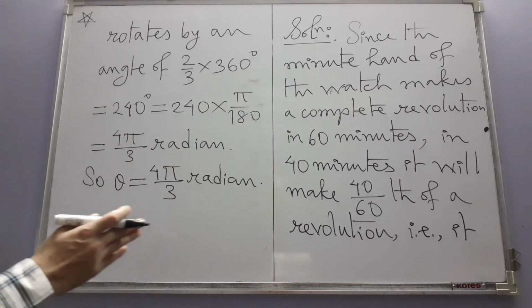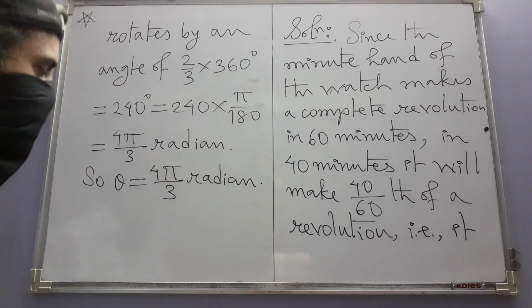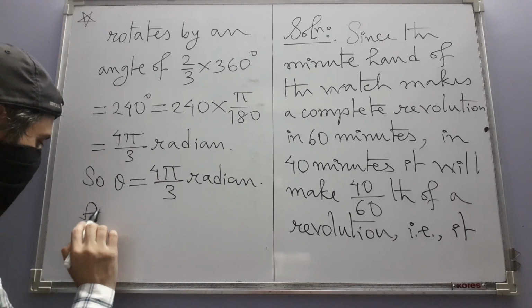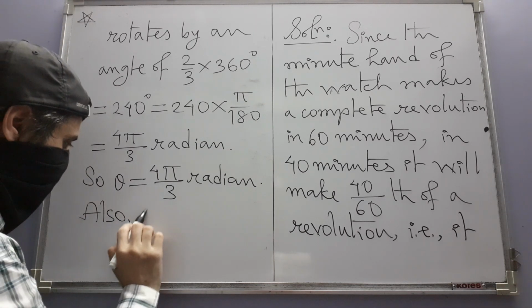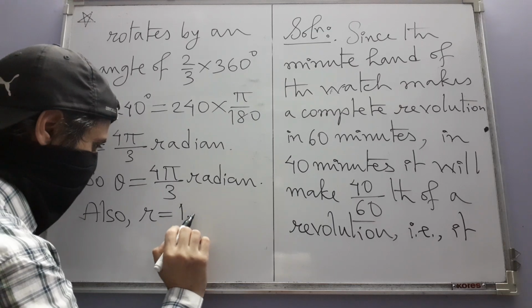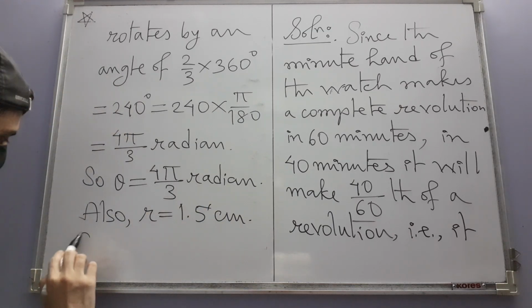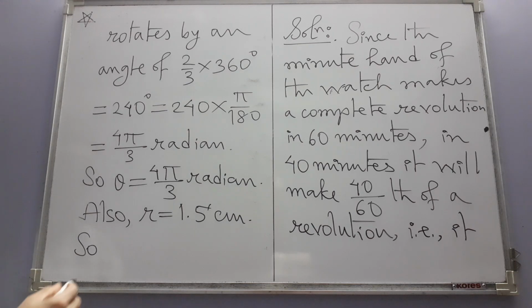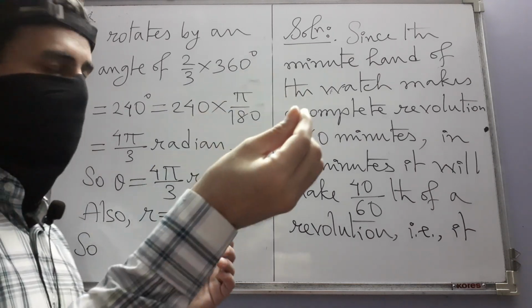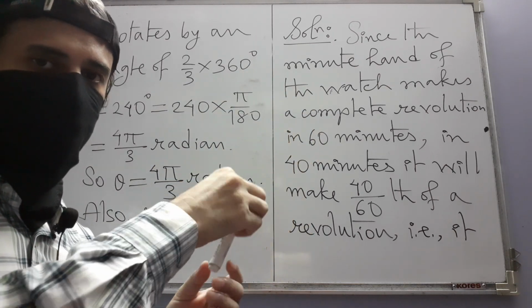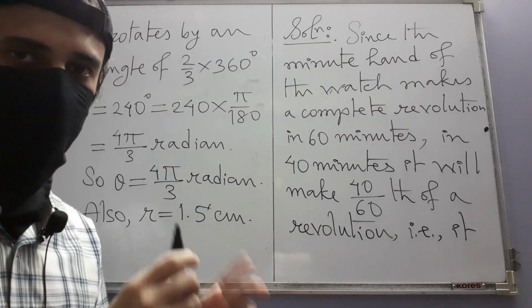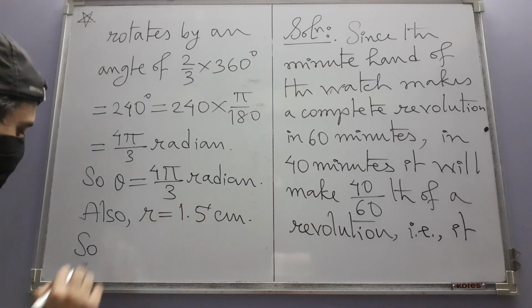The length of the minute hand is given, that means r is given. Also, r is 1.5 centimeter. So the tip travels a distance that is equal to the arc length for this angle, right?